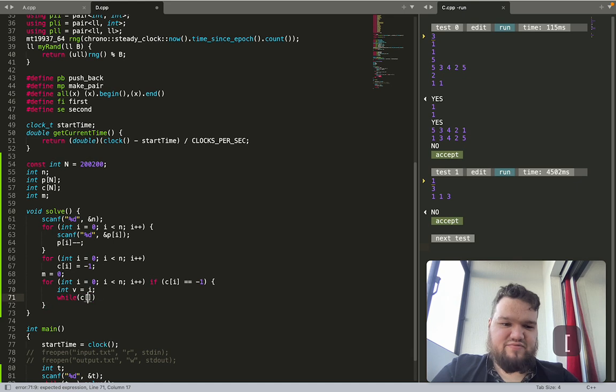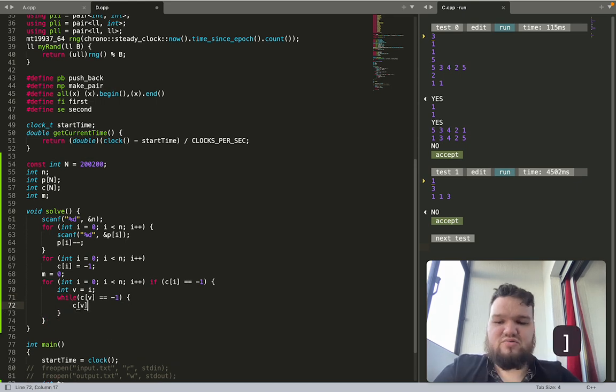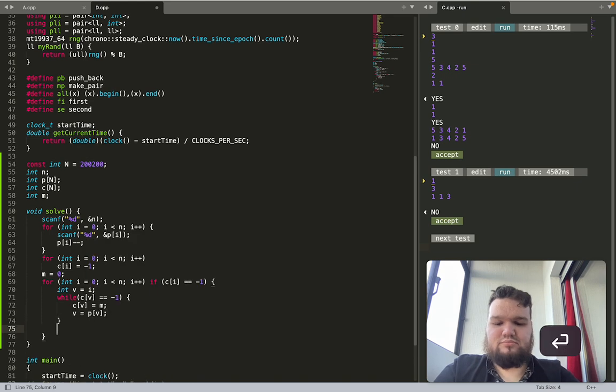And we stop when we arrive at the first element, but it will already have a cycle ID set, so that is how it's done.